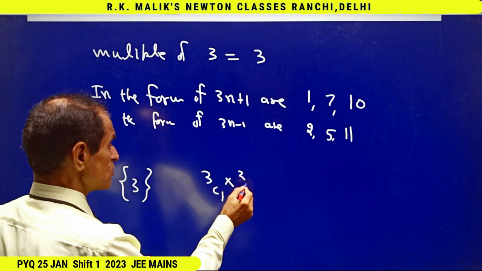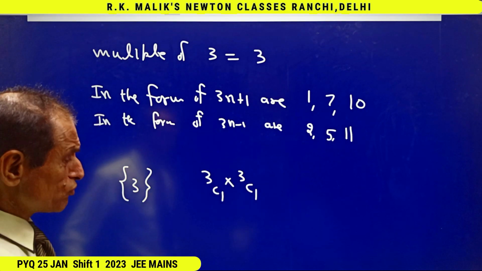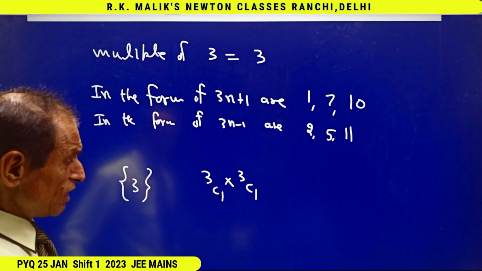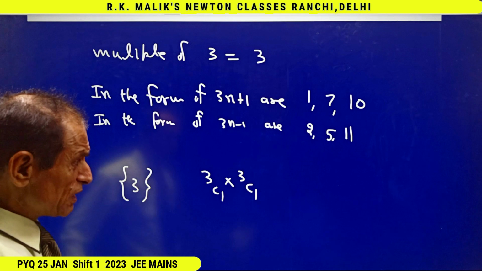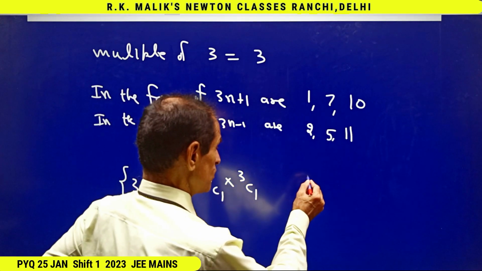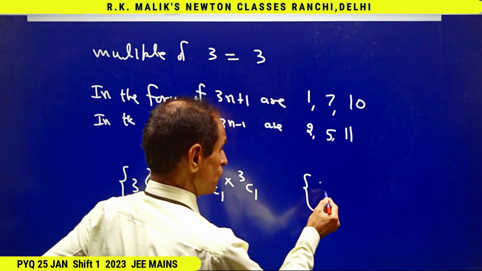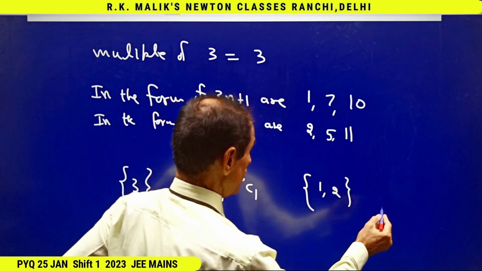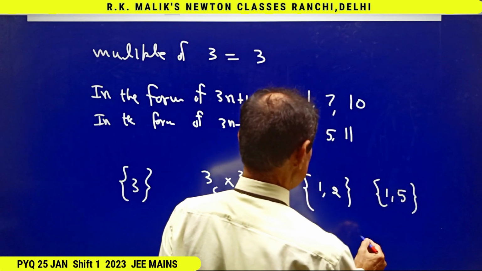3c1 into 3c1. Number of ways are there in which we can make the set having 2 elements and sum of the elements multiple of 3. For example, in 9 subsets, one subset will be 1 2, other subset will be 1 5.